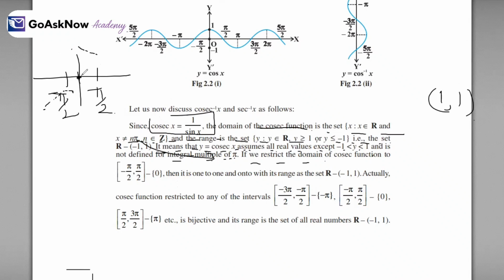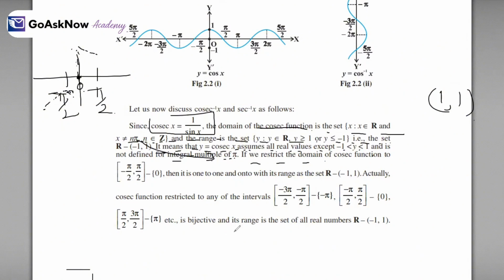You should not cover the point 0, because the function is not defined there. So this interval only you should cover. It will be one-one and onto in this interval, and its range will be R minus -1 to 1, as I already told you.